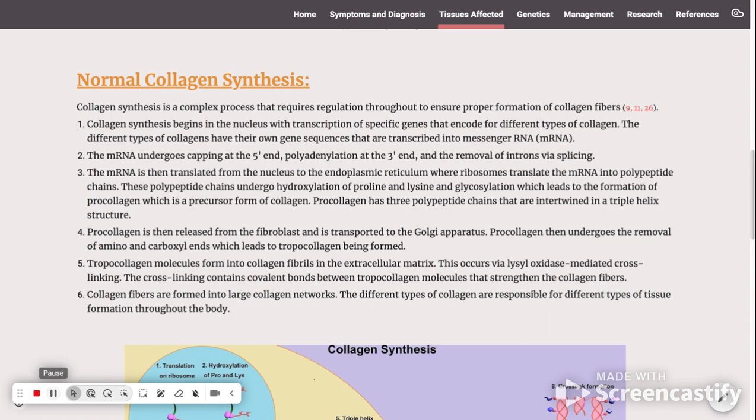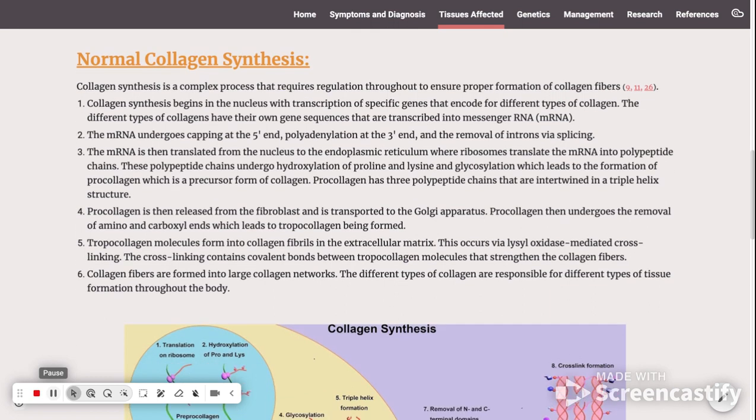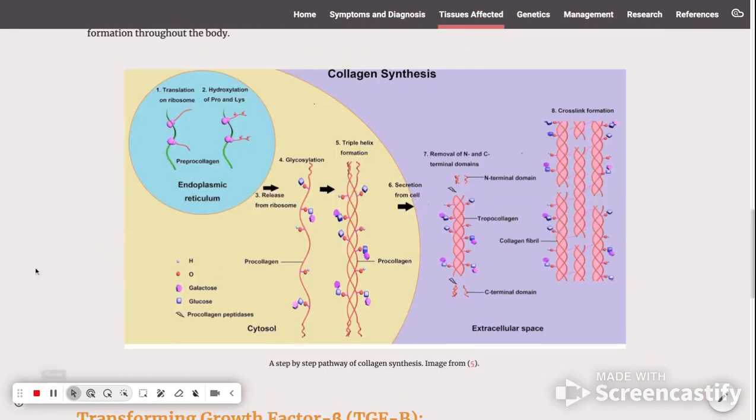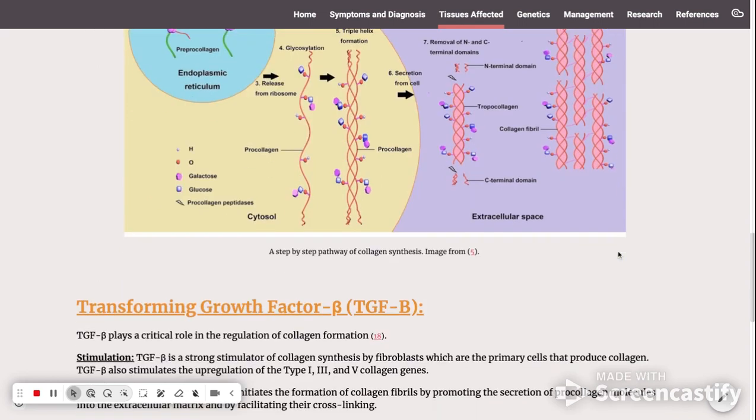And once this cross-linking happens, it's going to basically contribute to the strength and stability of collagen fibrils, and then it's going to be organized into larger collagen fibers in the tissue. And as you can see here, this is also the step-by-step of the collagen synthesis.